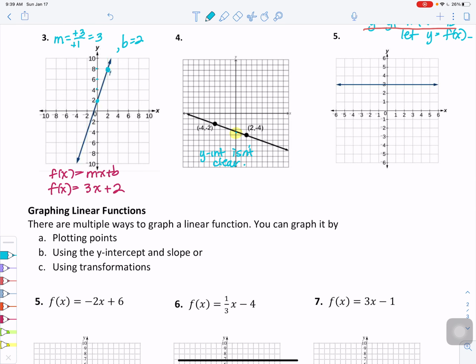We'll write those 2 points down, which are -4, -2 and 2, -4. We take our y values, -4 minus -2, over our x values. That is -4 plus 2 over 6, which is -2 over 6, or -1/3.